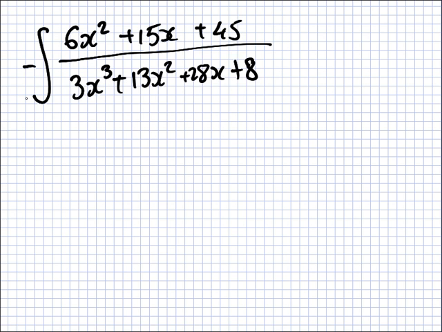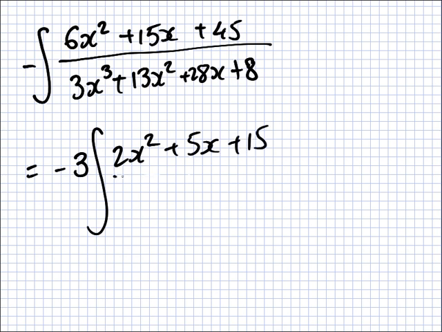So the first thing we need to do is to factorize the factor. Actually, do you know what? On the top, I think I can take 3 out. Now, on the bottom, we need to try and factorize here. Could it be minus 1, maybe?